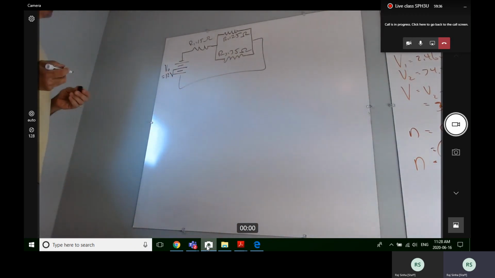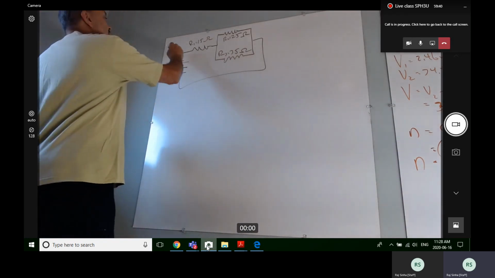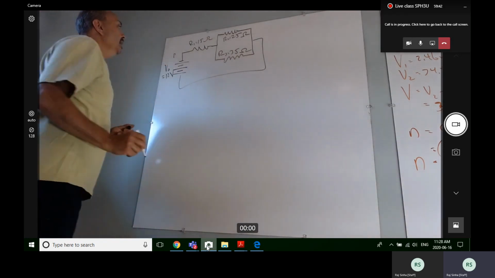I'm given resistances, so I'm going to try and calculate RT. If I know RT, I can find the current coming out of here, and then we can work from there.